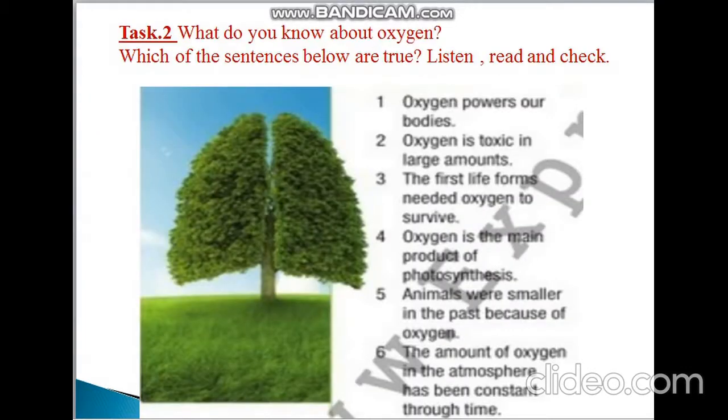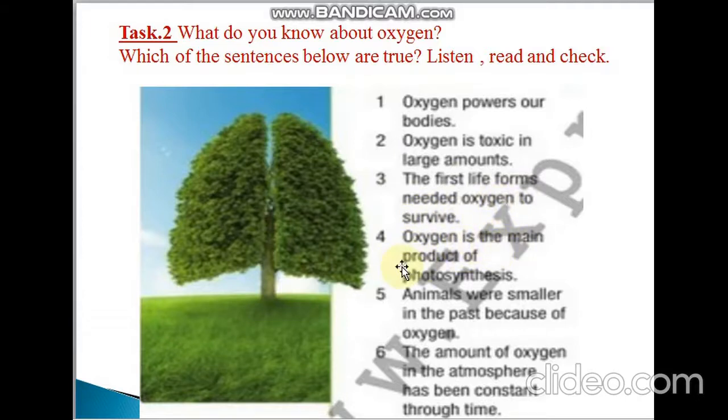Next one, task 2. What do you know about oxygen? Which of the sentences below are true? Listen, read, and check. First is oxygen powers our bodies. Oxygen is toxic in large amounts. The first life forms needed oxygen to survive.